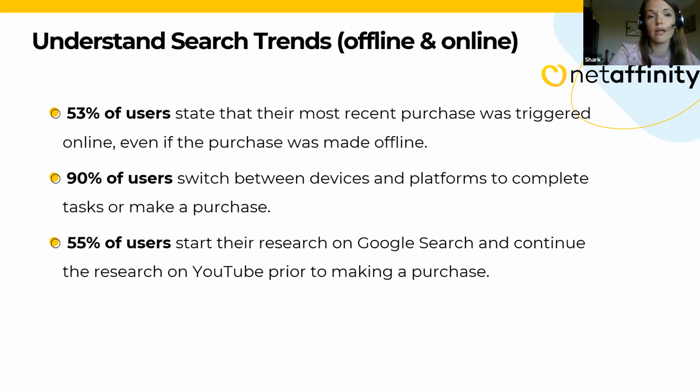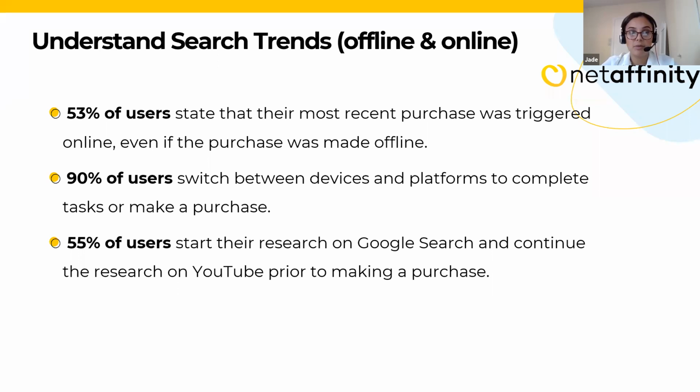There is a close correlation between offline shopping and online shopping. 53% of users state that their most recent purchase was triggered online, even if the purchase was made offline. 90% of users switch between devices and platforms to complete tasks or make a purchase. And 55% of users start their research on Google search and continue the research on YouTube prior to making a purchase. So you really want to understand where your audience is engaged so you can reach them.